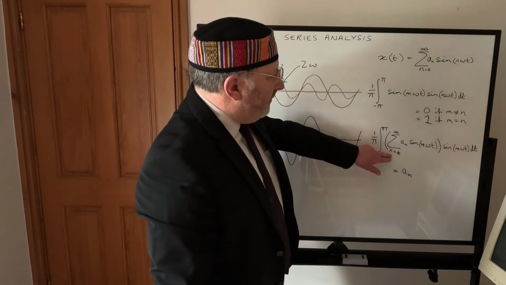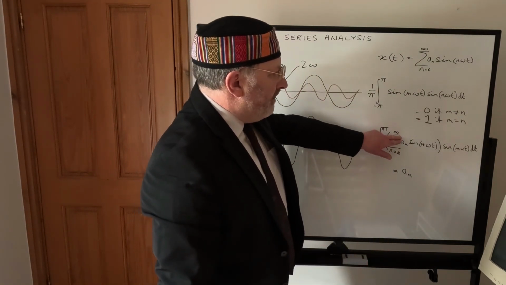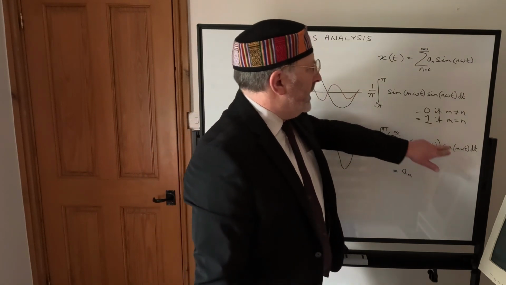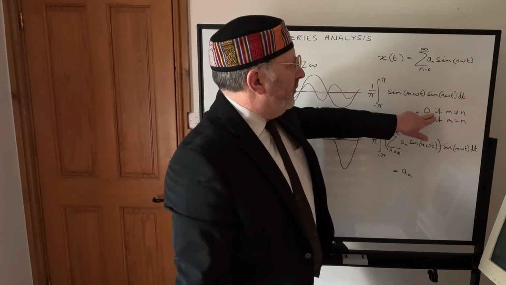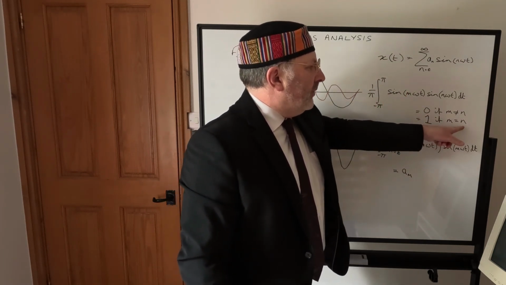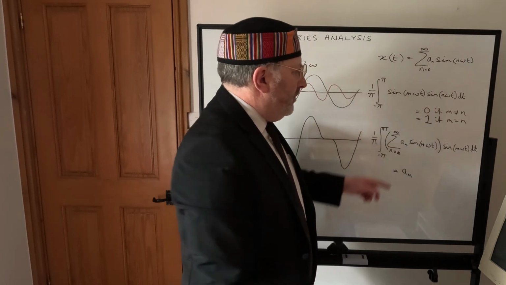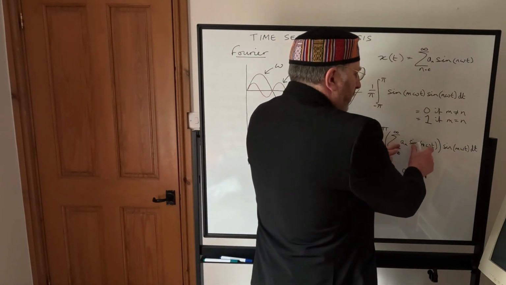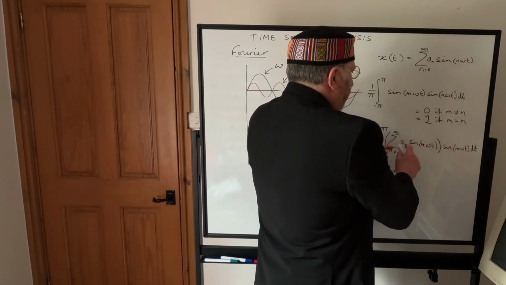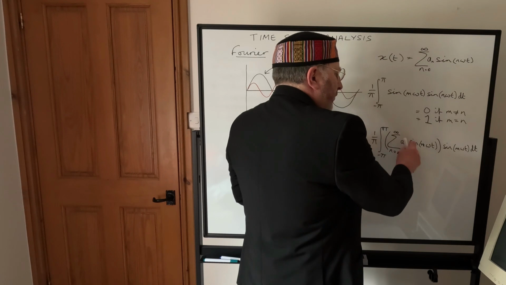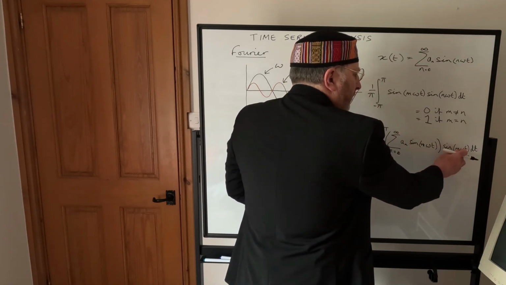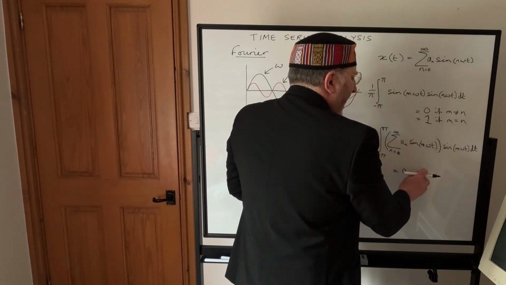Because for all the values of n in here, when we multiply by sine m omega t, they will all give 0, except in the one case when m equals n. Then it will be a_n times sine m omega t from here times sine m omega t from there. So it will just pick out that particular value. Because we're integrating with sine of m omega t, we'll get a_m.